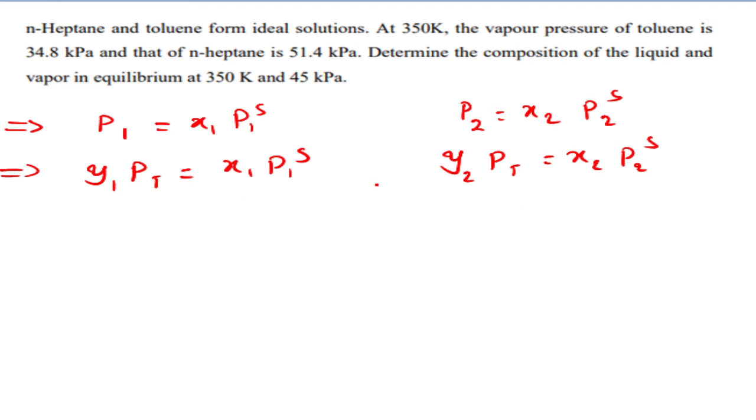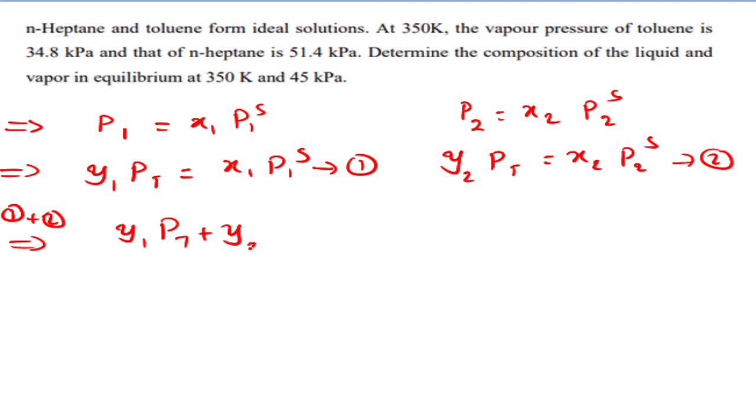If we add these two equations, let's say this is equation 1 and this is equation 2, we get y1 into Pt plus y2 into Pt is equal to x1 into P1s plus x2 into P2s.